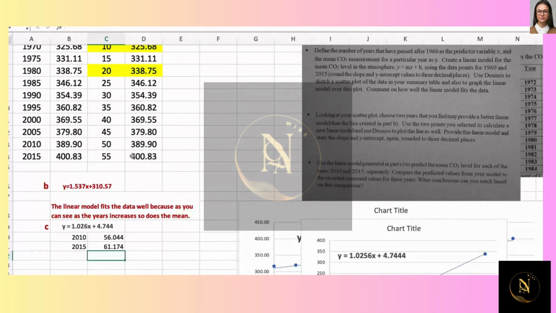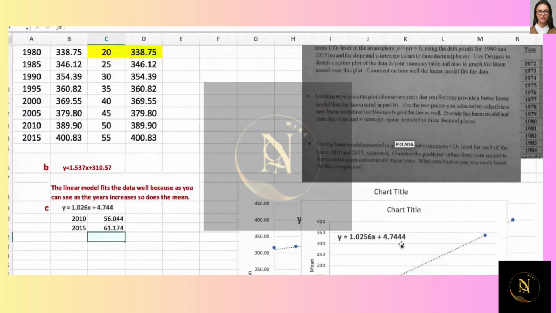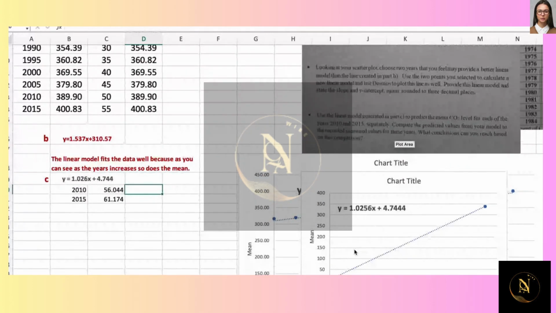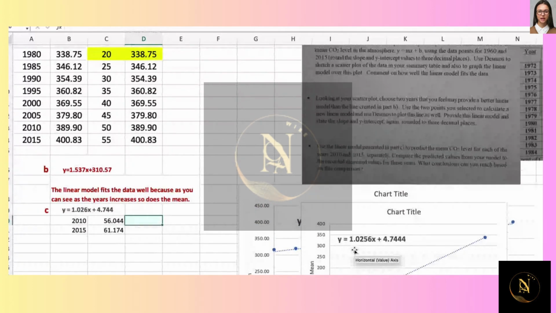And so this is in, hold on, 1.0256. And so I used 50 and 55.